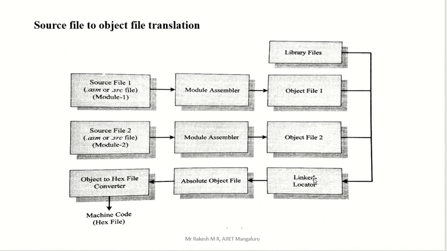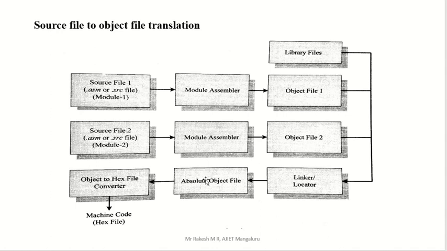And we are using another tool called a linker or locator. This is another tool which converts your object file to an absolute object file. I will tell you why object file to absolute file conversion is required. So your linker or locator will convert your object files to an absolute object file.